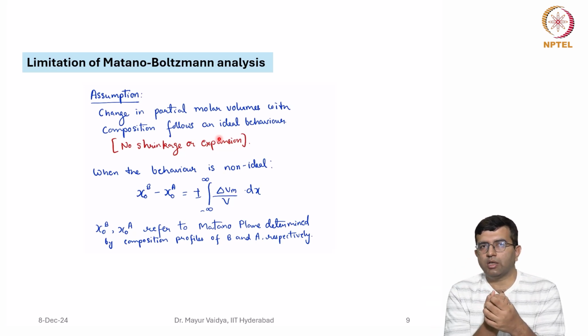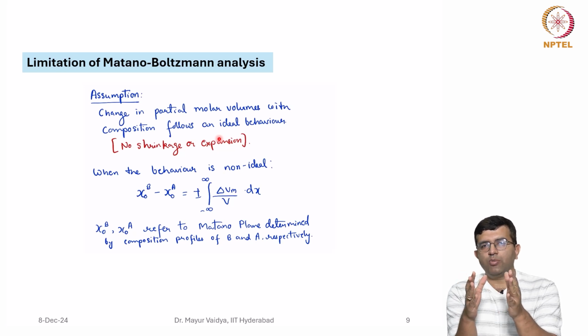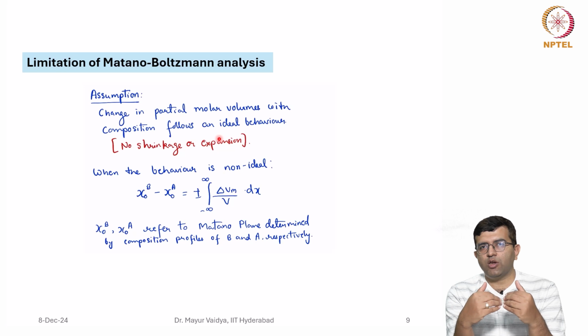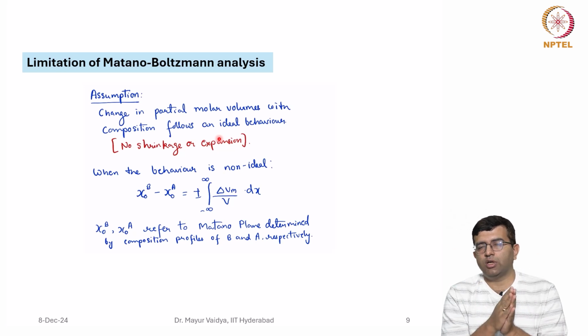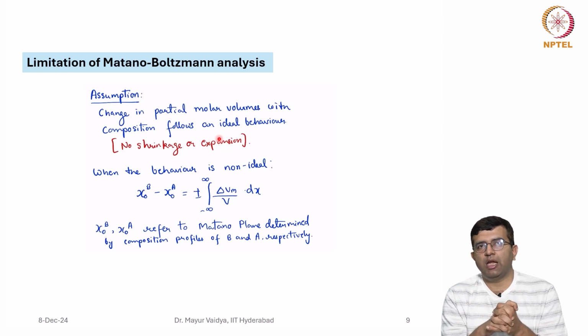In other simple terms, in your diffusion couple there will be no expansion or shrinkage in the volume of the total diffusion couple. That is the major assumption made in the Matano-Boltzmann analysis.